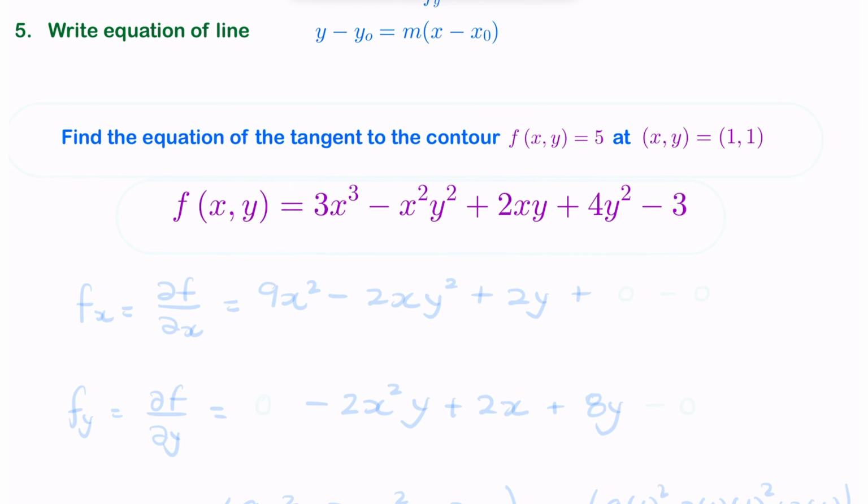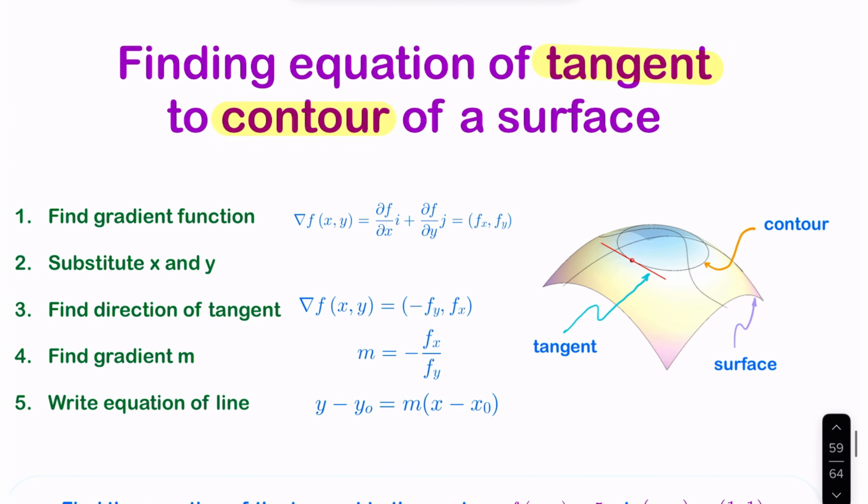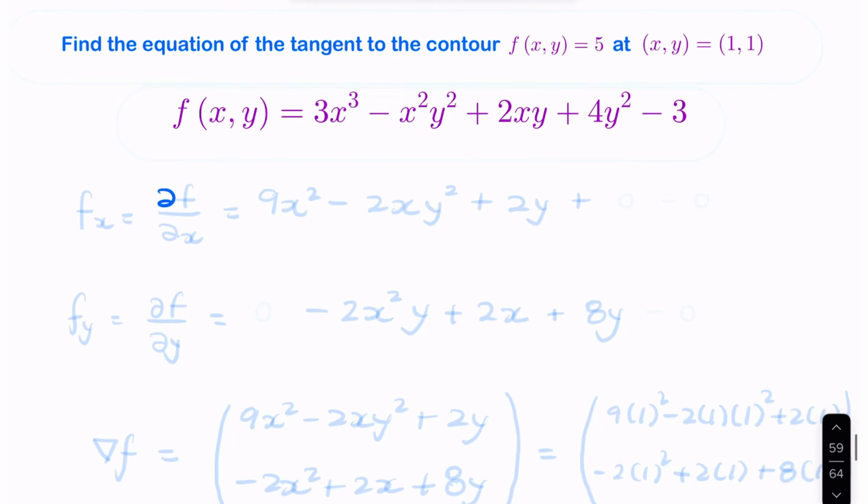So the first thing we'd need to do would be to find the partial derivatives. For the partial derivative with respect to x, we assume that every instance of y is a constant. So the 3x cubed becomes 9x squared.